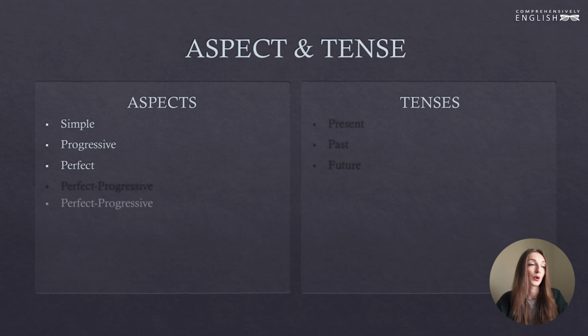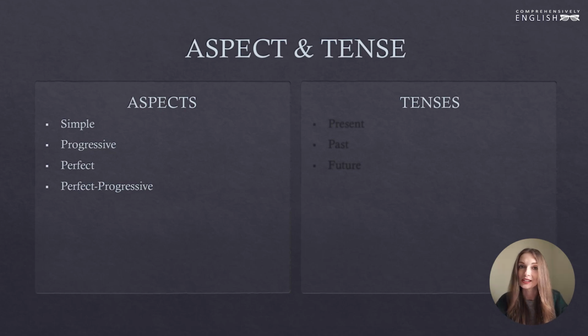And perfect progressive aspect. This aspect helps us speak about things that are partially complete because they are still in progress. So we already have some results of these actions, but still they are continuing, and that means that we will get more results.